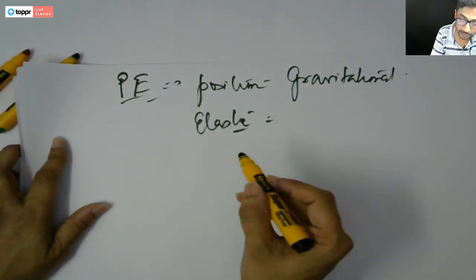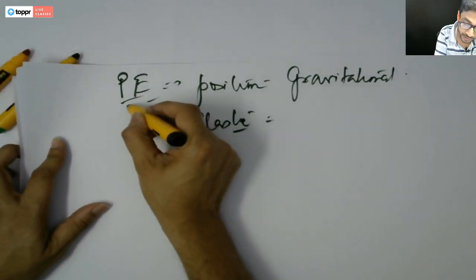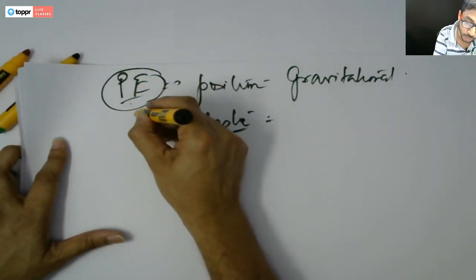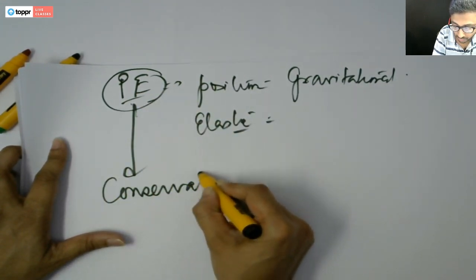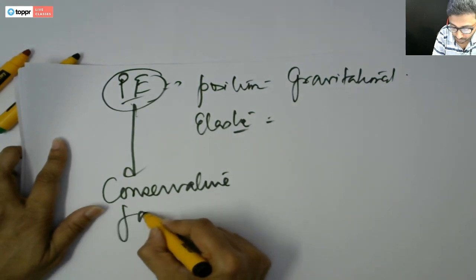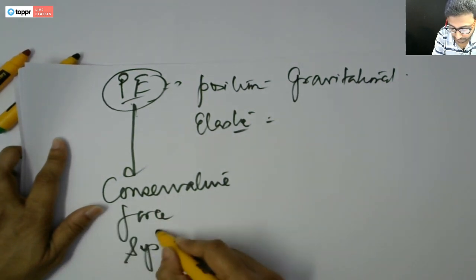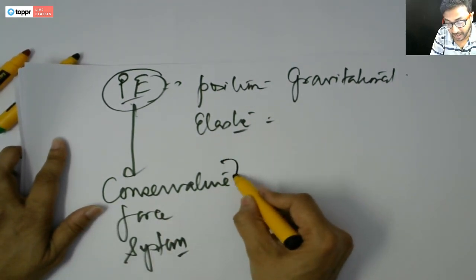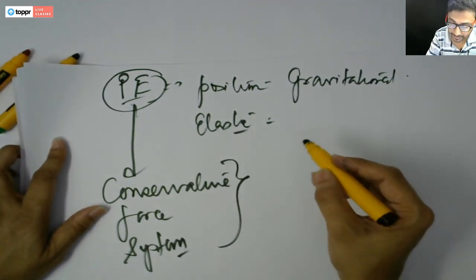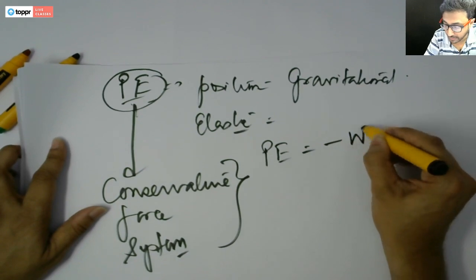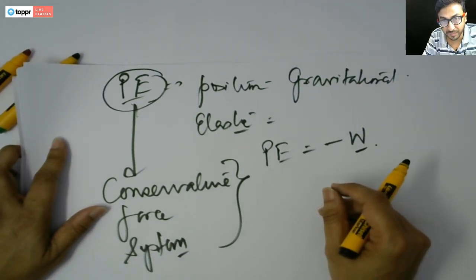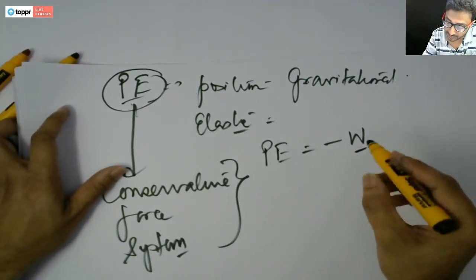In general, we define potential energy, this concept is only associated with a conservative force system. And in this, we define potential energy to be the negative of work done. Let us try to illustrate.